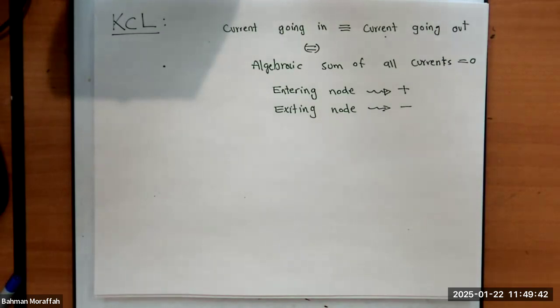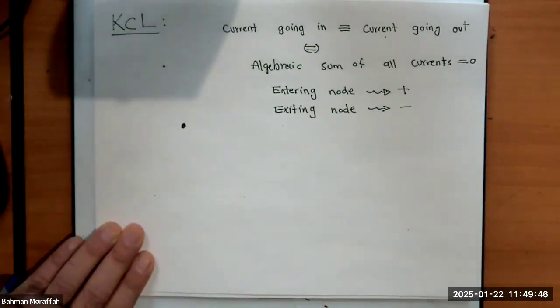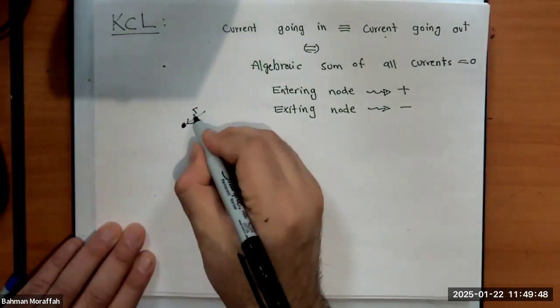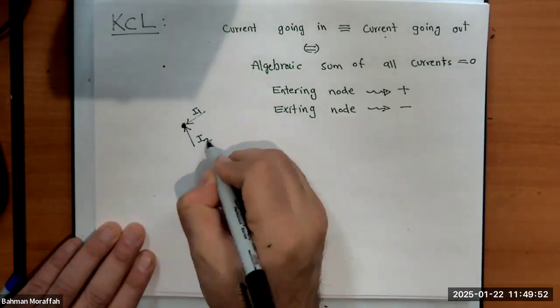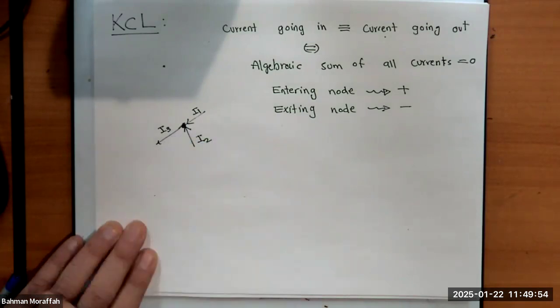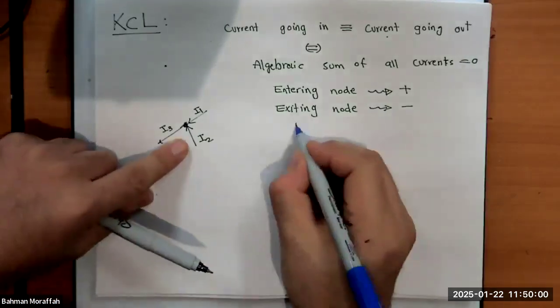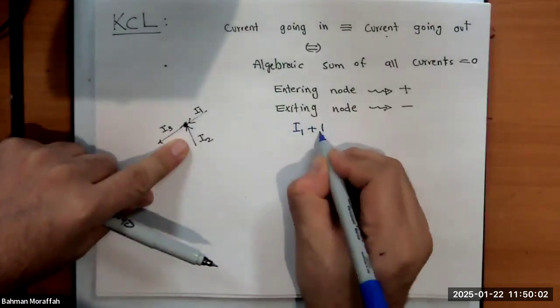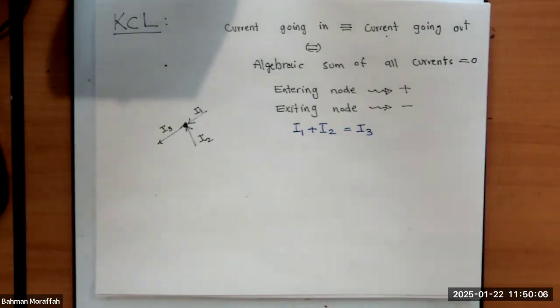Okay? So let's just say I have this node here, right? I have this current going in, this one going in, and this one going out. The first interpretation tells me whatever goes in should come out. Well, I1 and I2 are going in. I3 is going out. So that's the first interpretation.